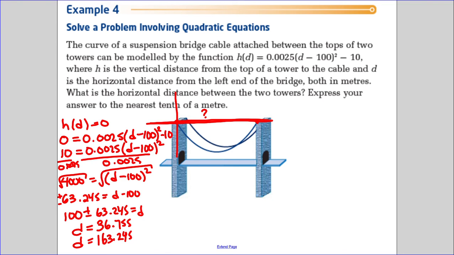So then if I wanted to know what the distance is between my 2 points, between here and here, all I would have to do is subtract them. So 163.245 minus 36.755 equals out to be 126.5 meters for a total distance.